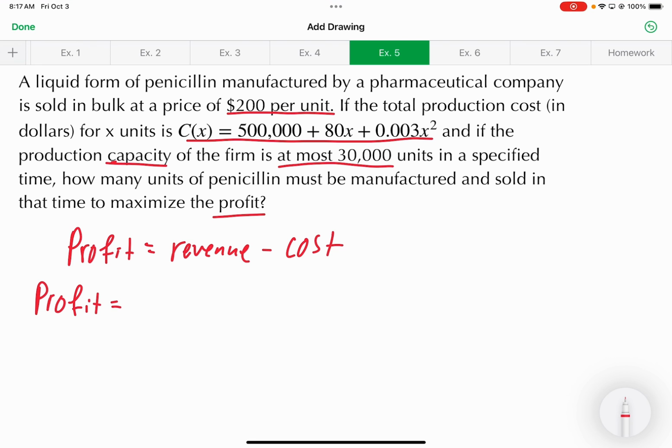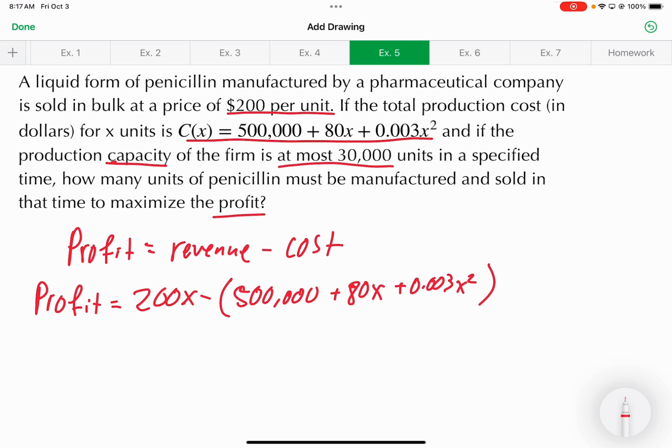We're selling it in bulk at a price of $200 per unit, and then they give us the cost. Well, that actually makes it pretty easy. What's going to be our revenue? 200x, minus my cost, 500,000 plus 80x plus 0.003x squared.